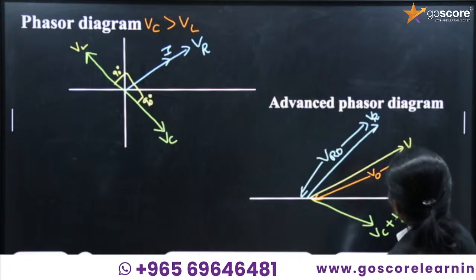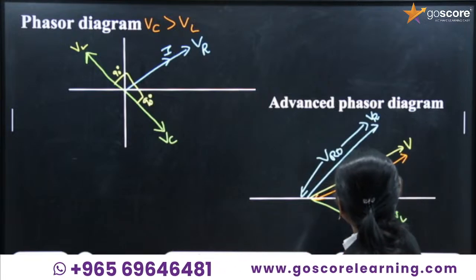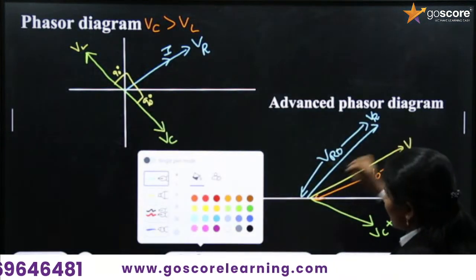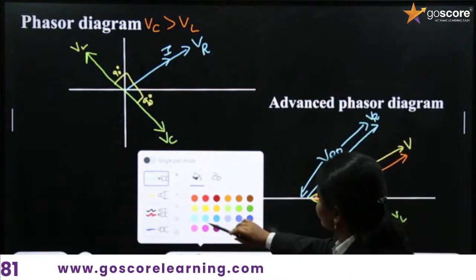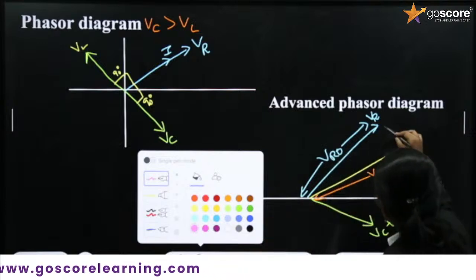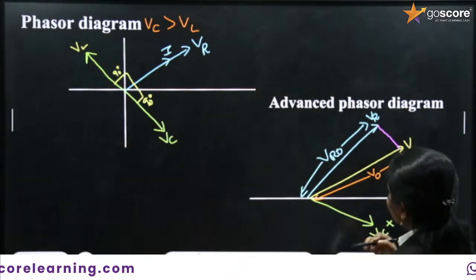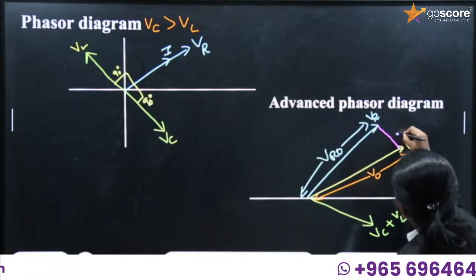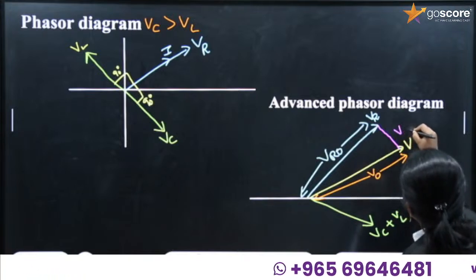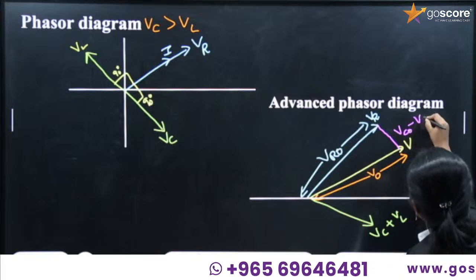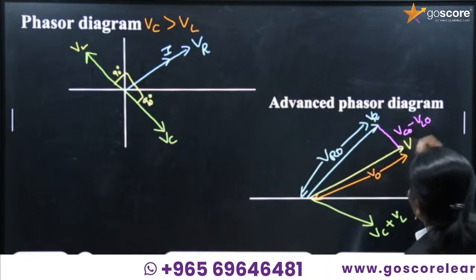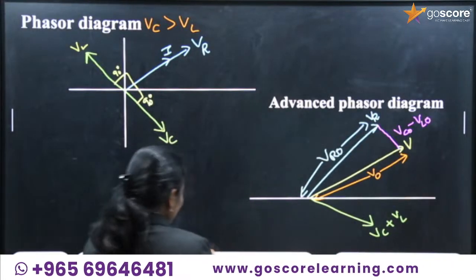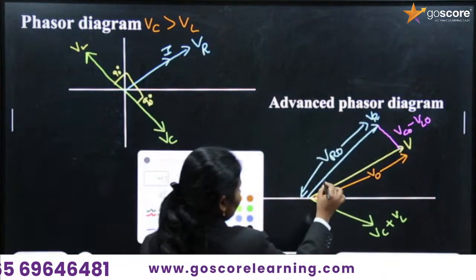Then what is the resultant here? This will be VC naught minus VL naught. Here we are applying the angle phi.